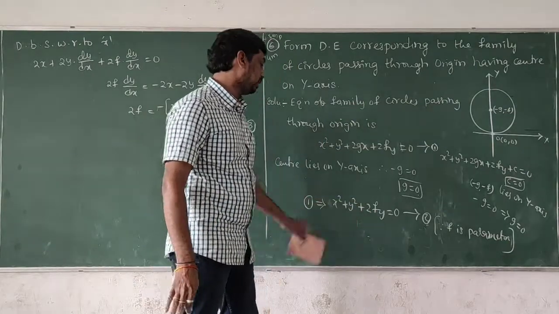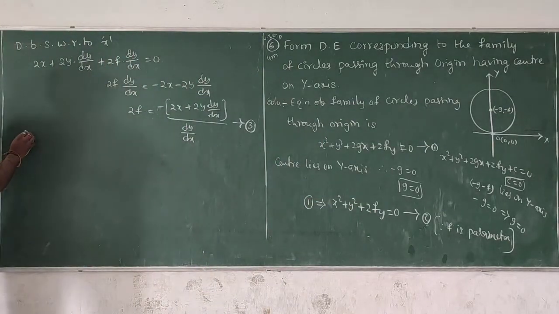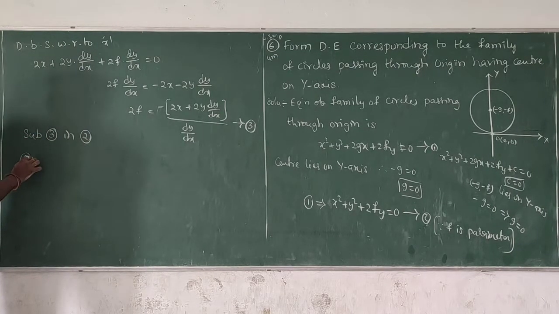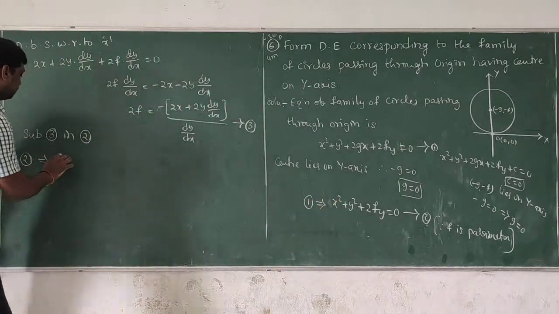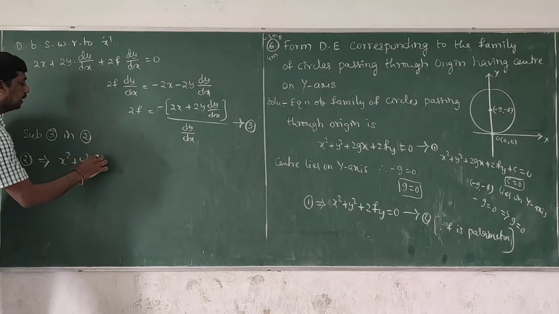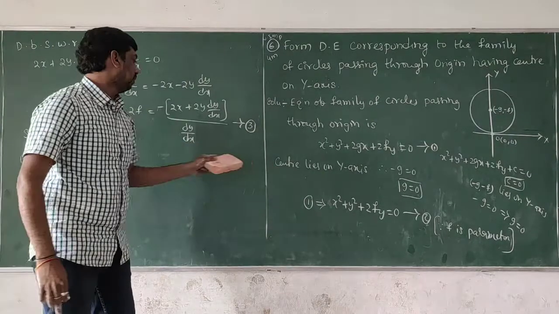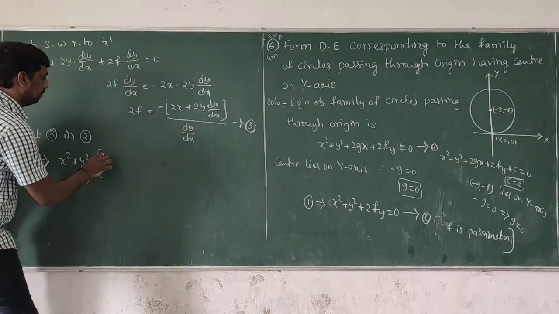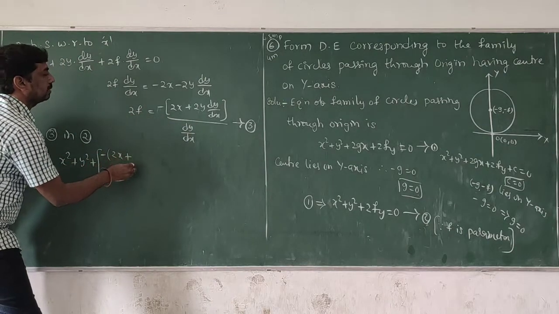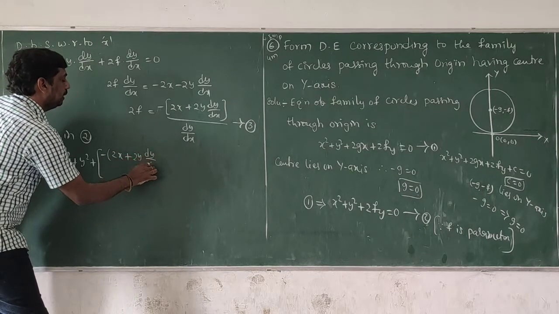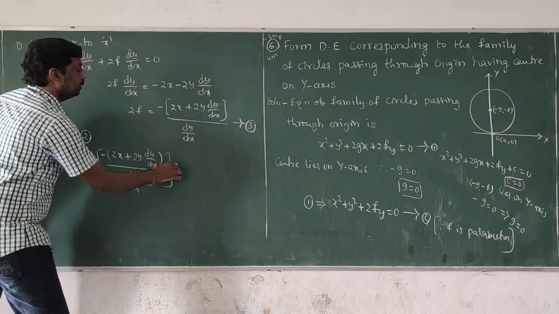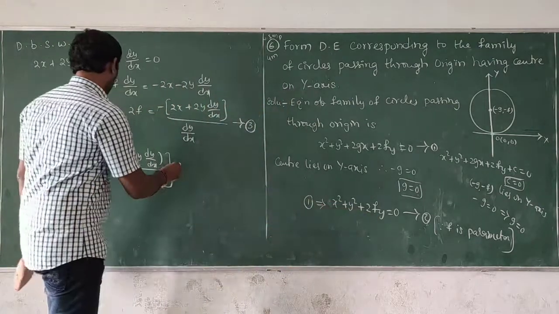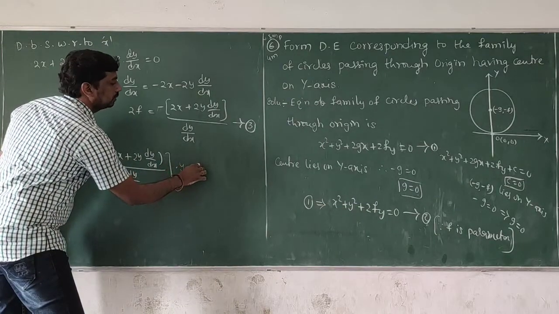Now substitute this 2f value in the second equation, then we get the actual differential equation of the given circle's equation. Understood? Right. So substitute the third equation into the second: x square plus y square plus 2f into 1, where 2f is minus of 2x plus 2y into dy by dx whole by dy by dx, equal to 0.